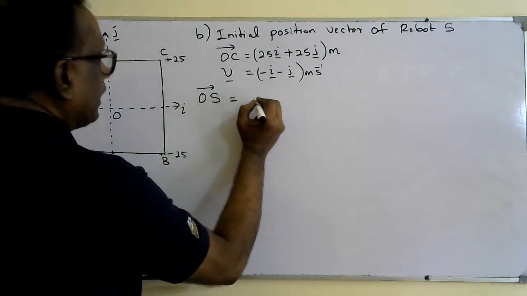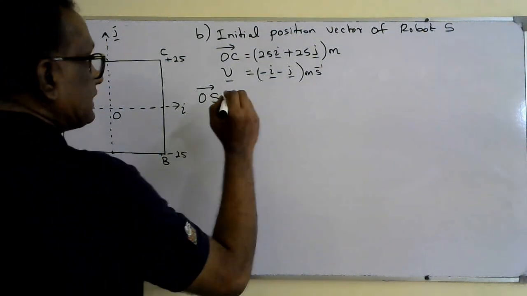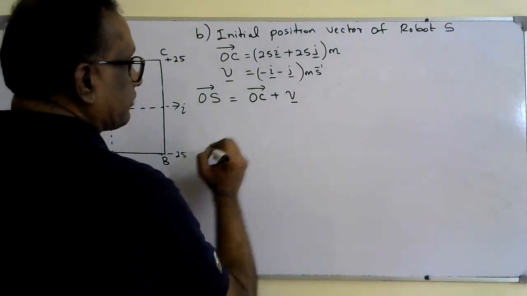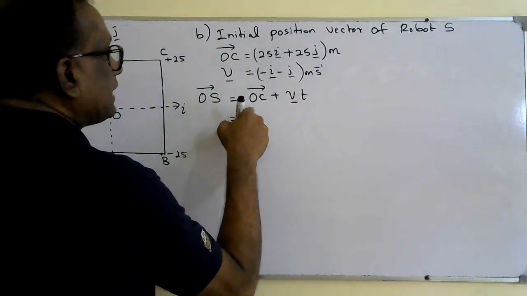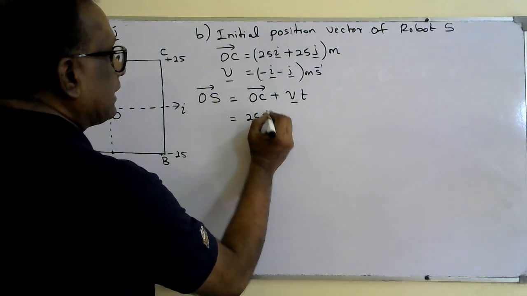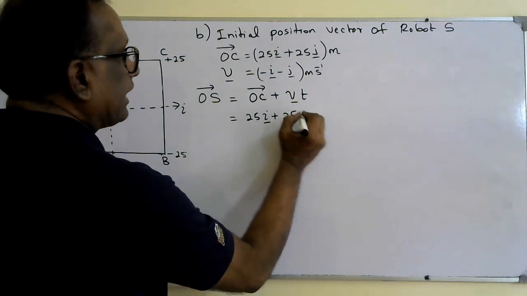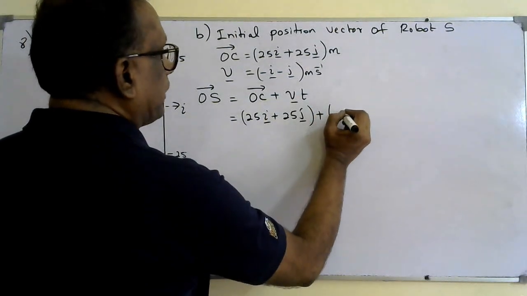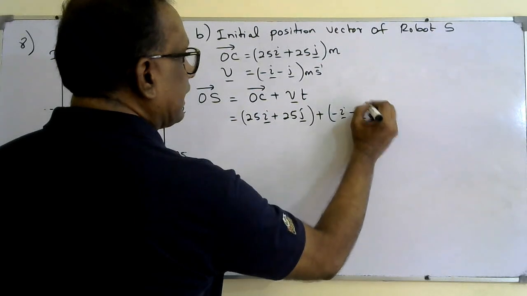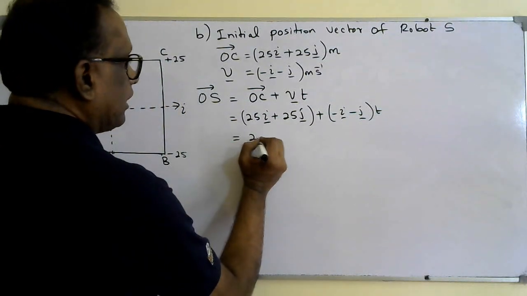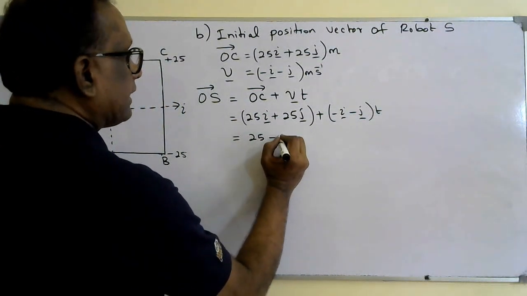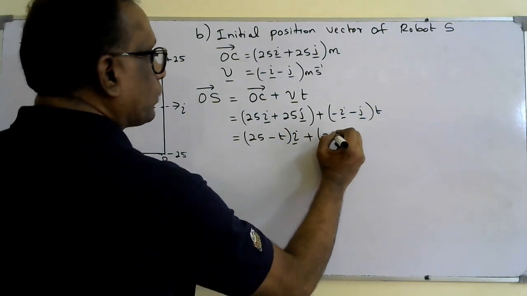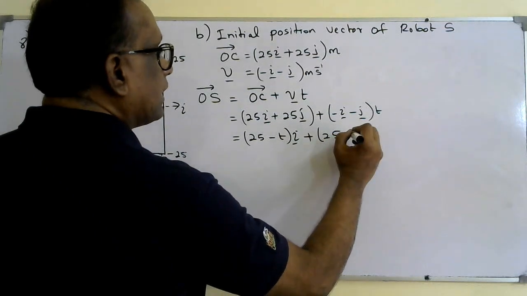So the position vector of S at time t, OS, is the initial position vector OC plus the velocity vector of S times t. That's all. So OC is 25i plus 25j, plus the velocity vector minus i minus j times t. Solve it, you will get (25 minus t)i plus (25 minus t)j.